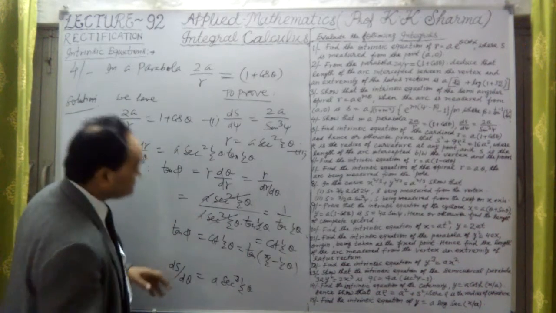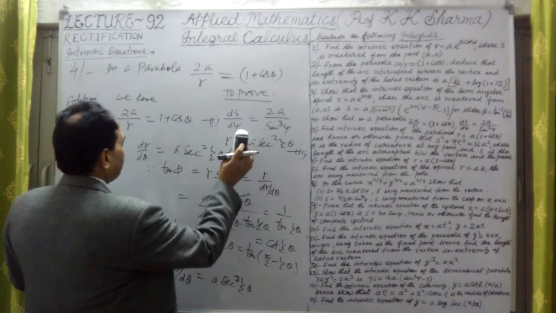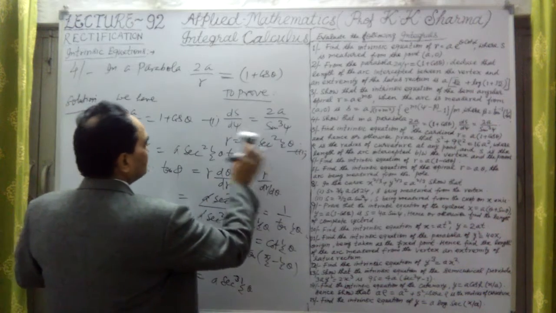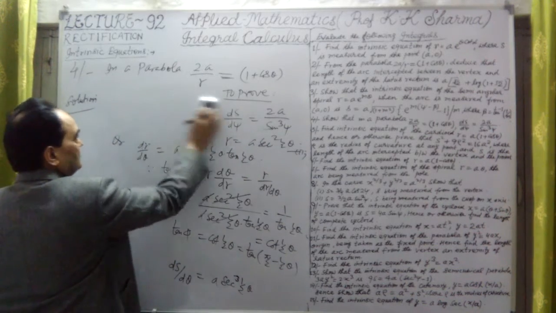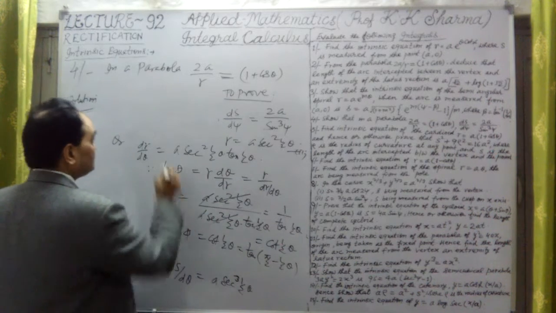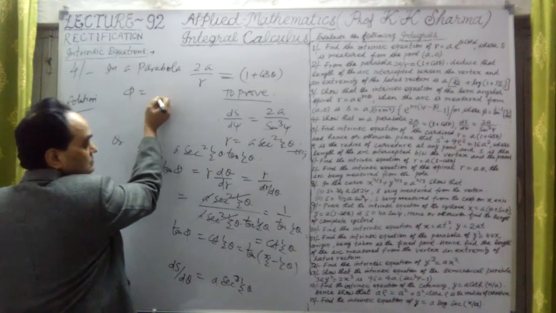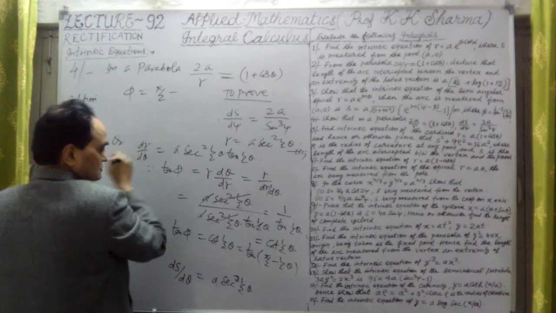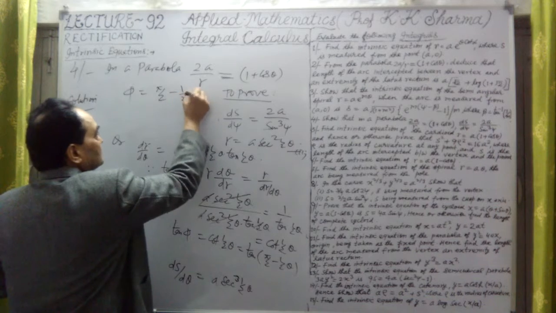Therefore, this is ds upon d theta. It means phi is equal to pi by 2 minus half theta.